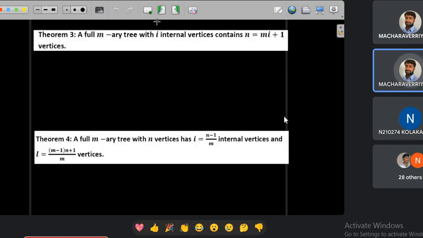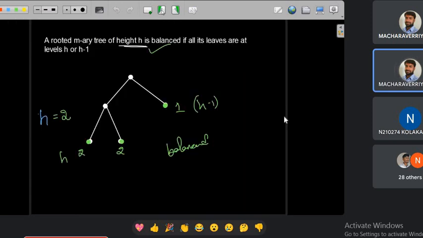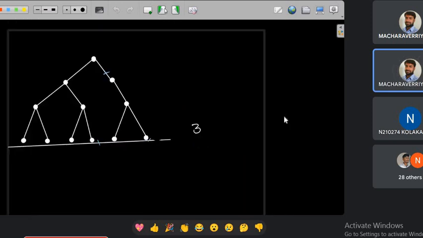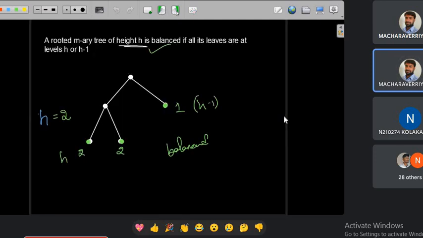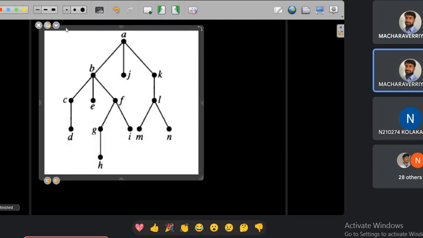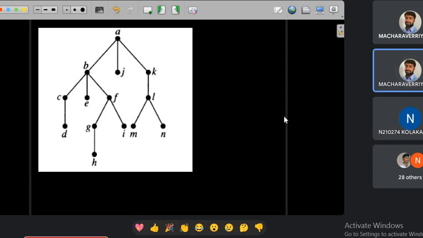And let us look at some theorems here. Let me take an example. So you look at this graph. How many number of vertices it has? So number of vertices equal to how many are there?